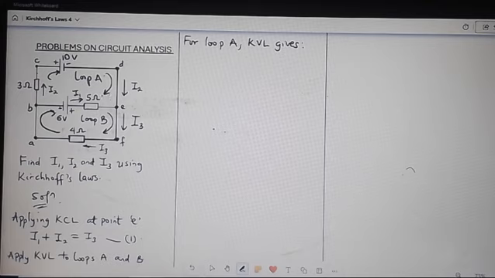I'm starting with this cell here, coming this way in the clockwise direction. Since I have a cell here, the long line is the positive terminal and the short line is the negative terminal. Since my direction of current flow is clockwise, the current is flowing out from the negative terminal. So the potential drop here is going to be negative. So we say minus 10.